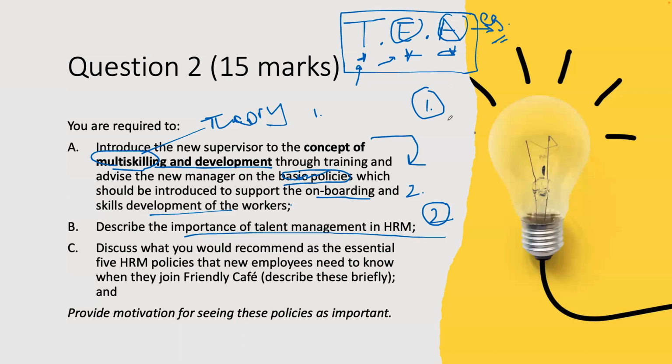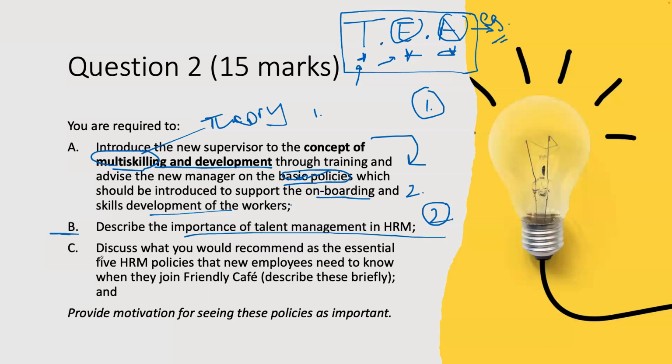And when you look at your paragraph, you'll be able to see, okay, I'm introducing the concept, theory, talent management is this and this and this. Let me explain it in terms of human resource management, and then finish off with an example. So when you get questions like this, and there's a couple of these questions in the assessment, always try to follow and structure your paragraph in the T principle format.